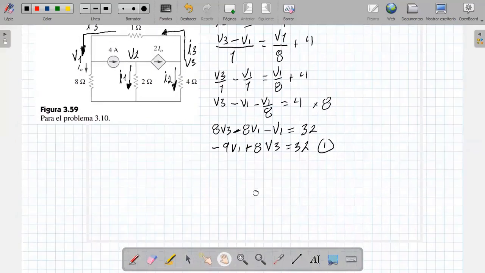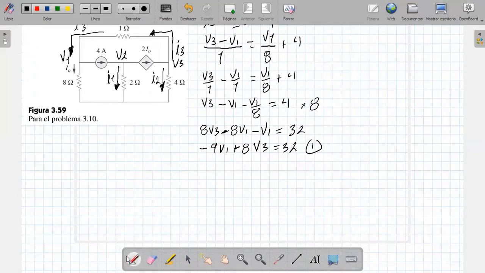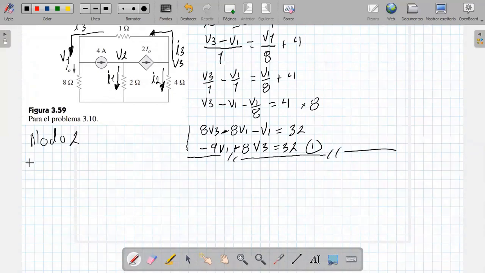Good. Now we are going to analyze the law of currents that enter node 2. I'm going to put here in node 2 the 4 amperes, which is going to be equal to I1 plus 2 times I sub 0.